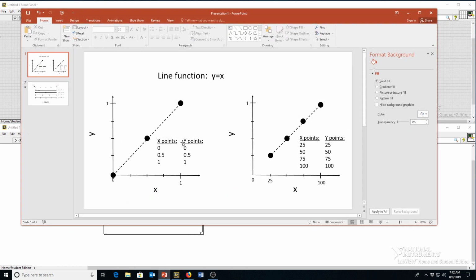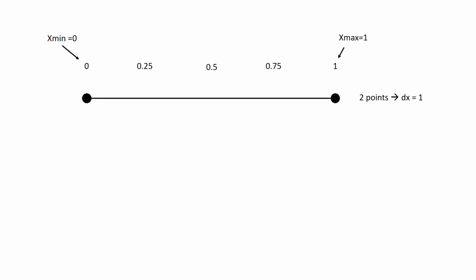Let me pull up this PowerPoint I made here. Okay, so let's say we have a list of numbers between 0 and 1. You can always start with the simplest case. And you're defining your line with 2 points. Then your increment value, which we're going to call dx, is going to be 1, right? Between your 2 points here, there's a distance of 1.